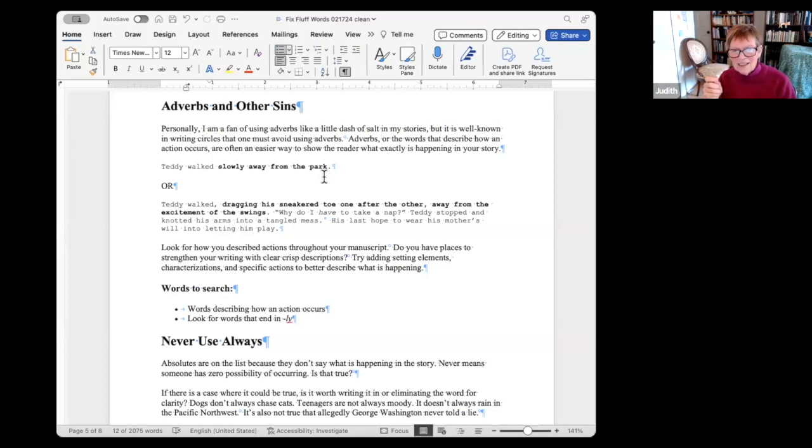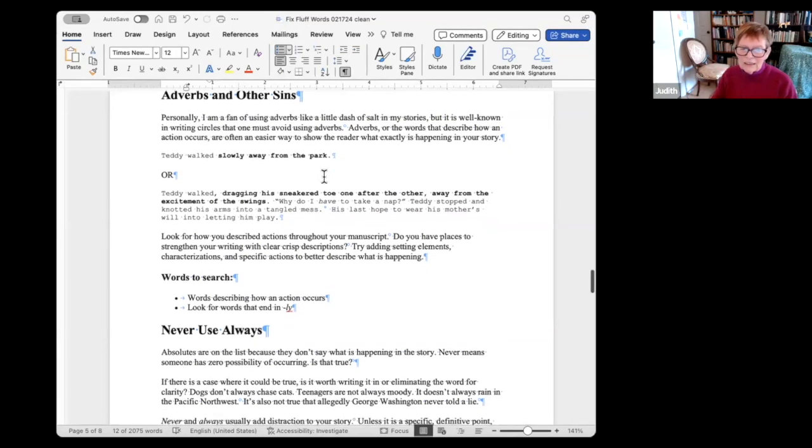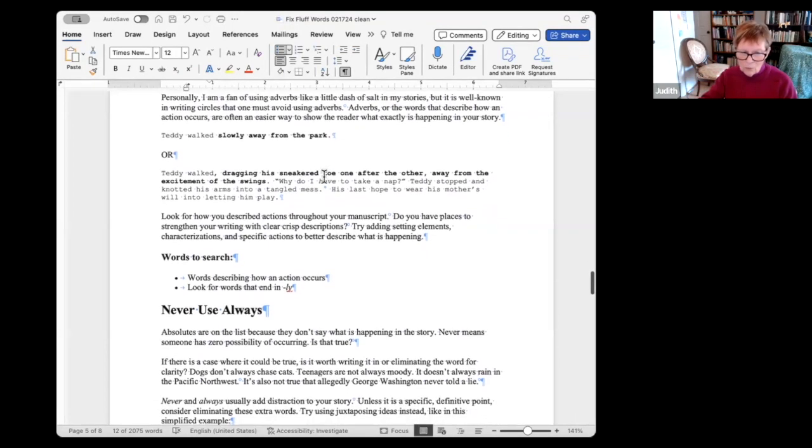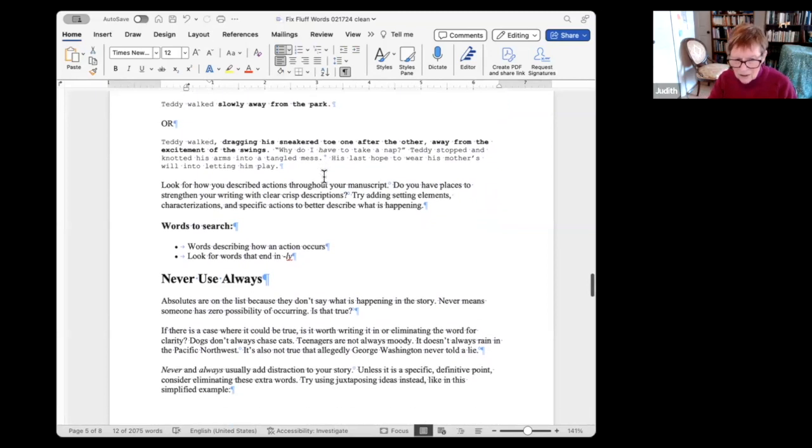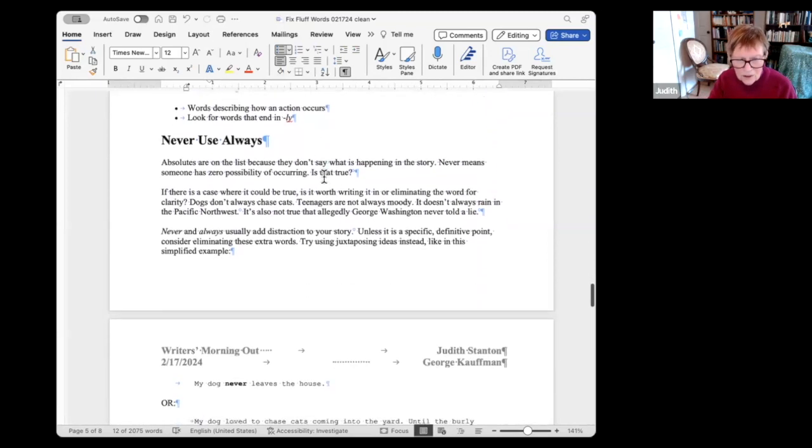Teddy stopped, knotted his arms into a tangled mess, his last hope to wear down his mother's will into letting him play. I just thought that was such a fun example. And she's got more if we can go down and look at a couple.